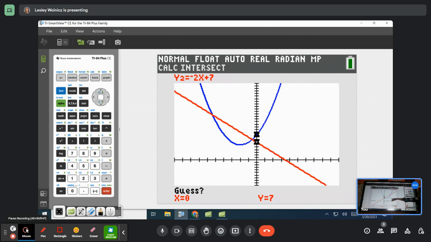Guys, I'm going to start with my far left one because I always list my points going from my X's most negative to most positive. So I'm going to arrow all the way over to my left intersection. Okay, I'm getting -5.449 and 17.899.